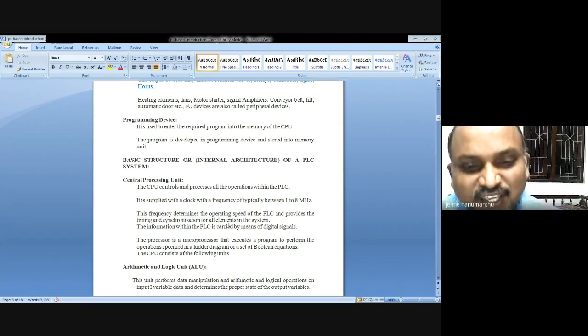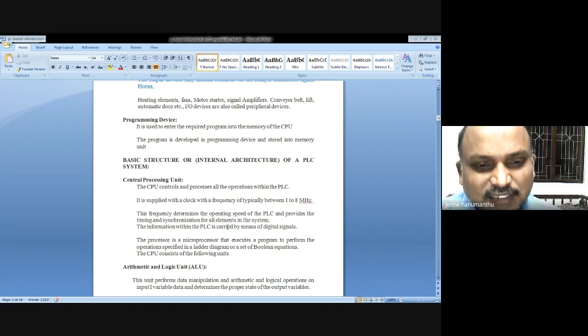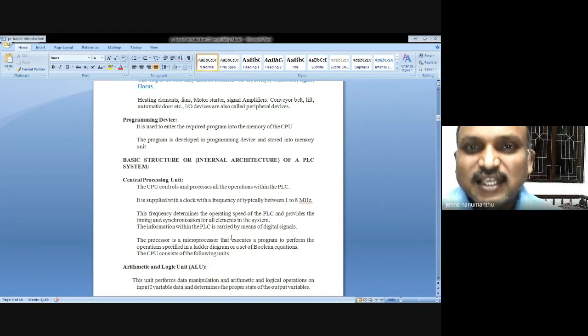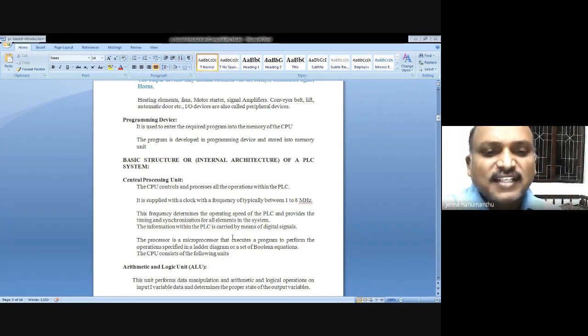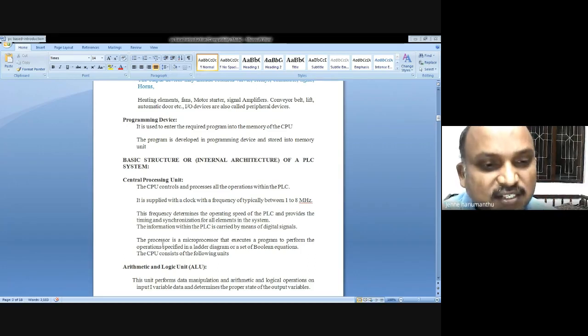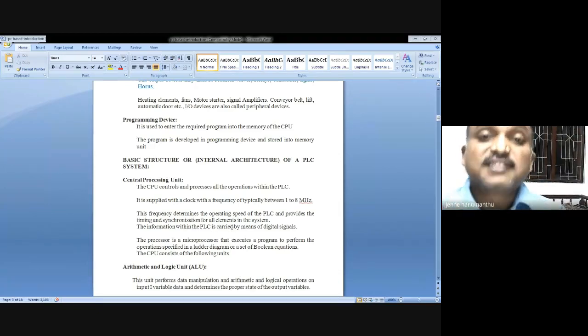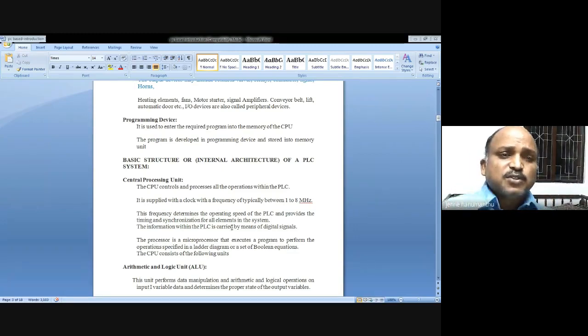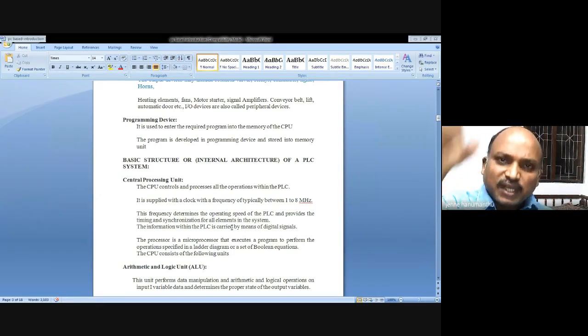If frequency is more, what is frequency? Cycles per second, right? If cycles increase, the speed increases. The operating speed also increases and provides the timing and synchronization for all elements in the system. This is very much important in the control actions. If I give input and get an output, that output should rightly control the required activity.